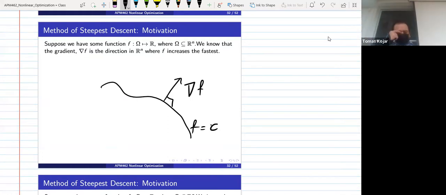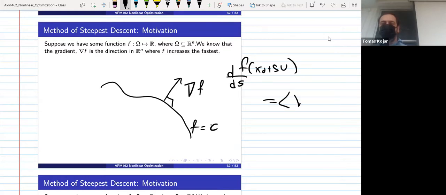Another thing we had was the directional derivative: d/ds of f(x0 + sv) equals the inner product of the gradient with v, in other words, norm of gradient of f times cosine theta.